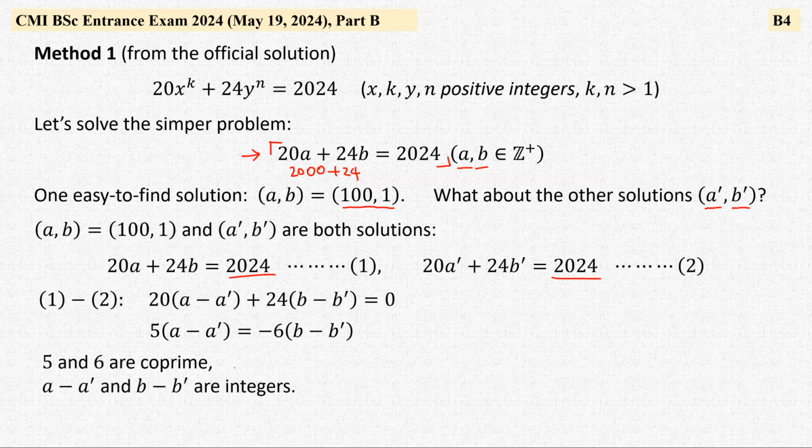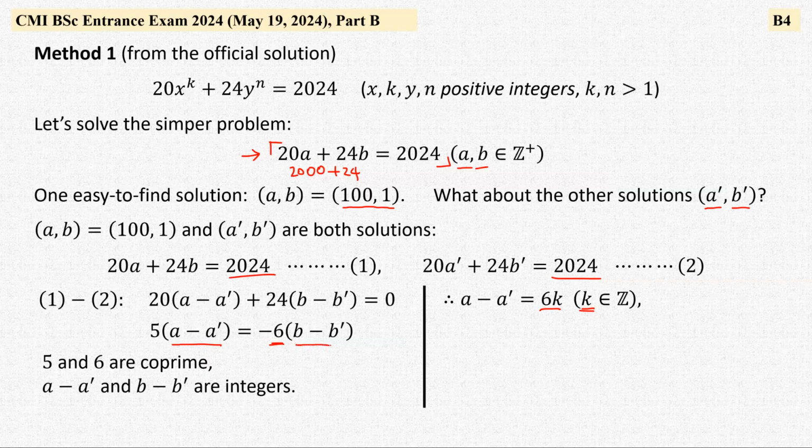Here, 5 and 6 are co-prime, and a minus a prime and b minus b prime are both integers. Therefore, a minus a prime must be a multiple of 6. Hence, it can be written as a minus a prime equals 6k for integer k.